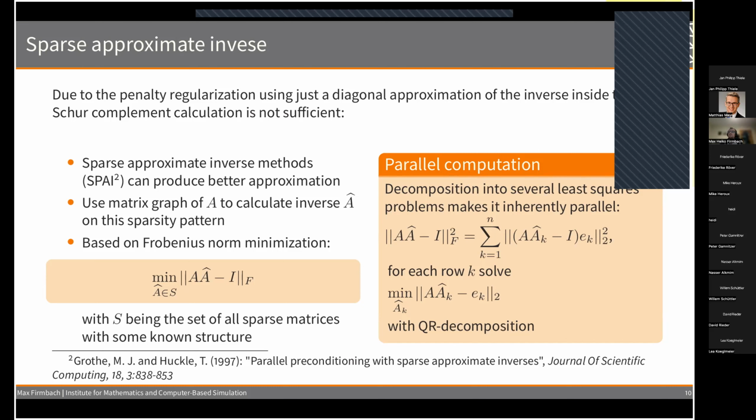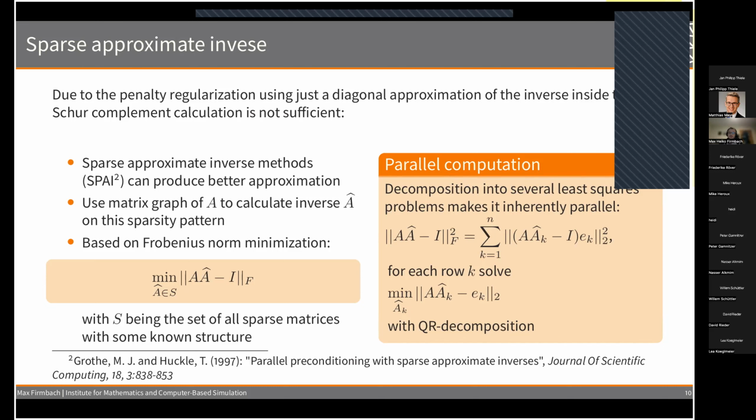Just using the diagonal in a non-diagonal environment is quite crude, and a lot of information gets lost because the off-diagonal values play a major role here too. So sparse approximate inverse methods can help here to produce a better approximation.